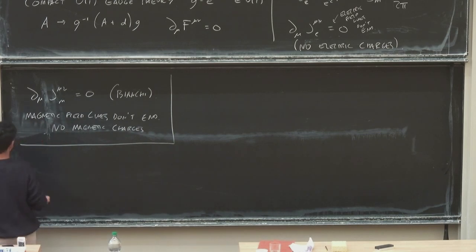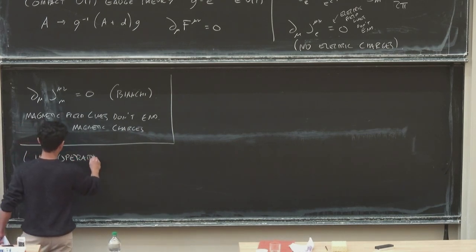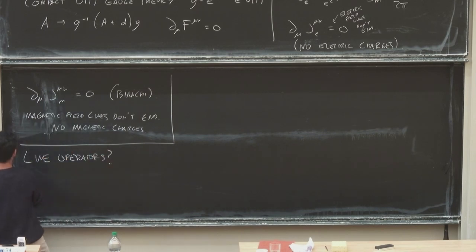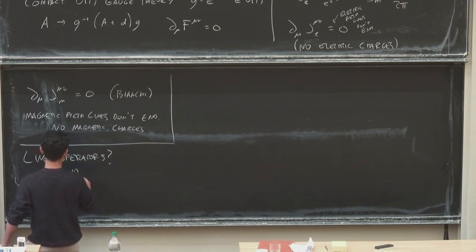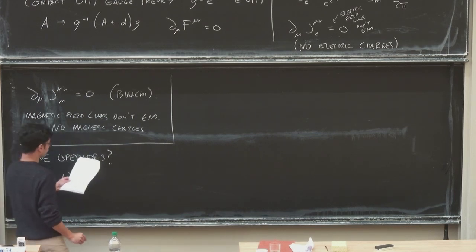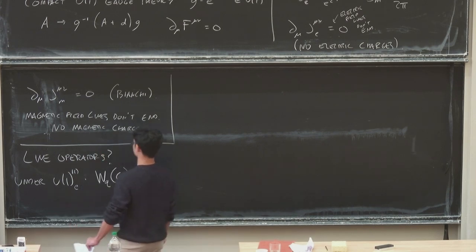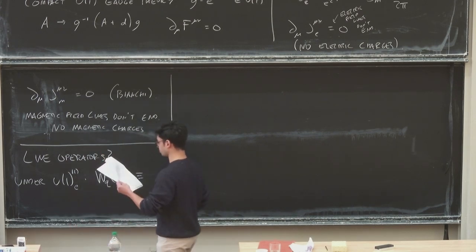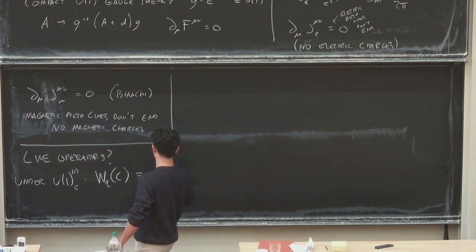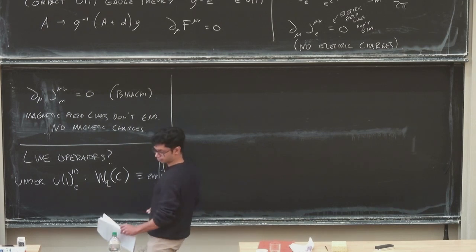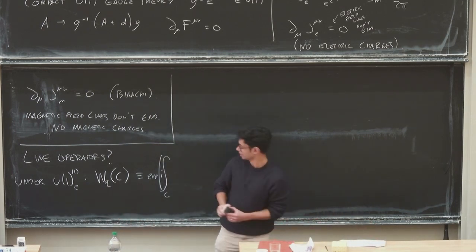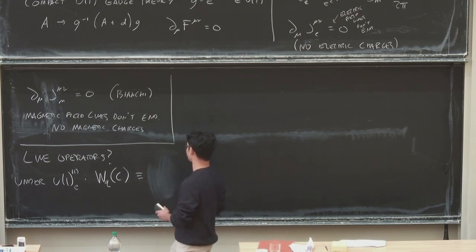So, what are the line operators who are charged under these symmetries? So first, under U(1) electric, the charged line operator is the Wilson line, which is defined in terms of the gauge field in the way that everyone knows already.